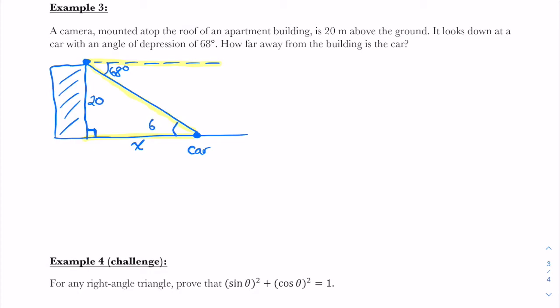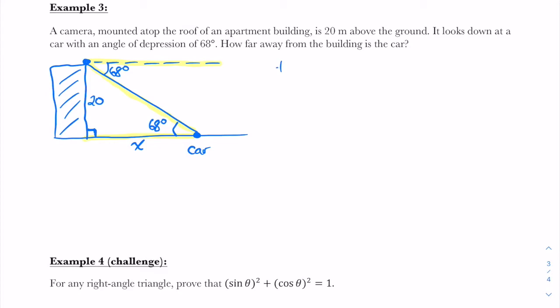So we can label this as 68 degrees as well. And now inside of the right angle triangle, we have one of the sides and one of the angles. Relative to the 68 degrees, the 20 meters would represent the opposite side, and we want x, which would be the adjacent side. So let's use tan.